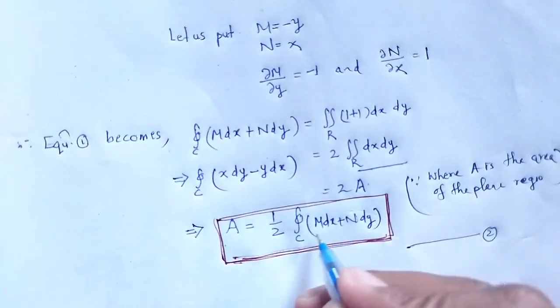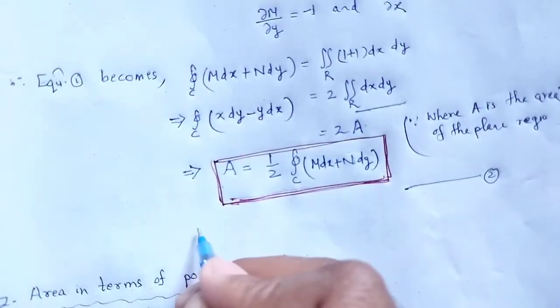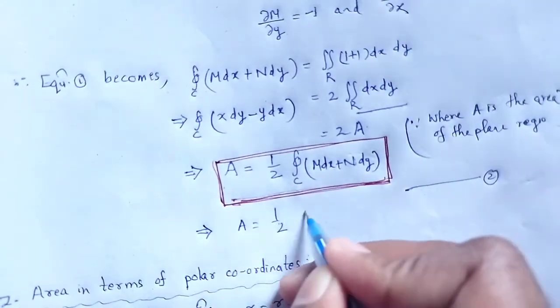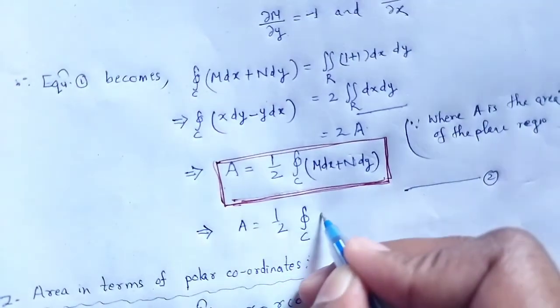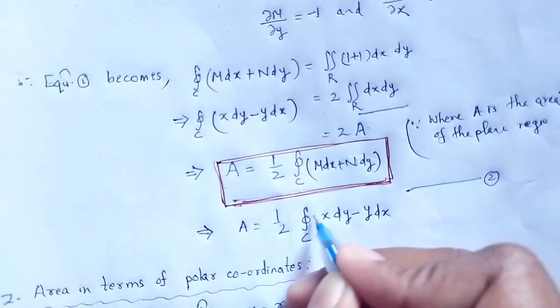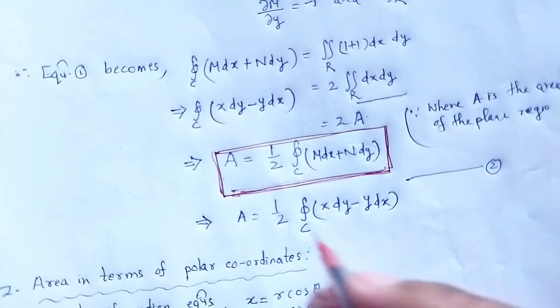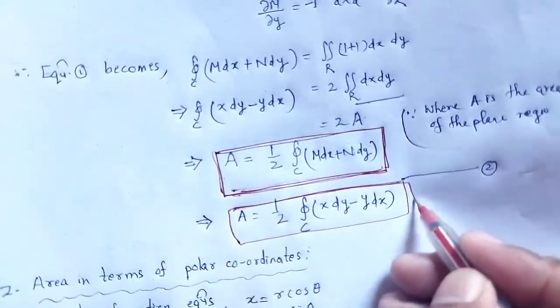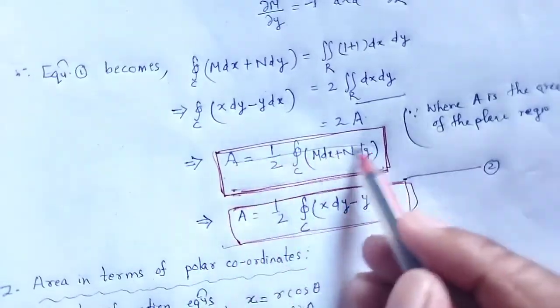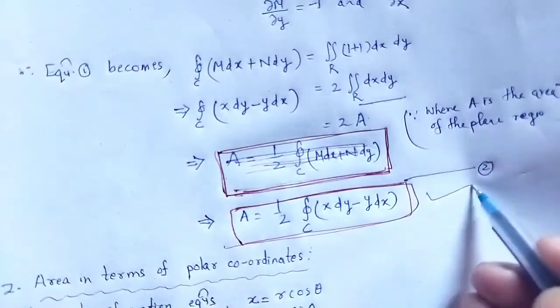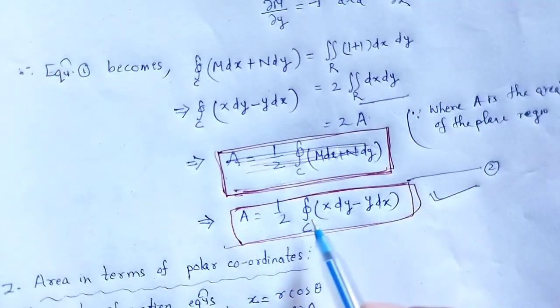That's why we have A is equal to half integration over C of x dy minus y dx. That is the real form: area is equal to half of x dy minus y dx.